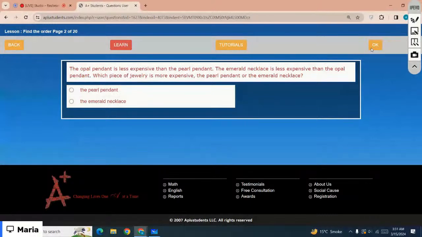The correct option is, more expensive, you have to see. The pearl pendant is the most expensive. Can you guys please stop talking? The correct option is pearl pendant.